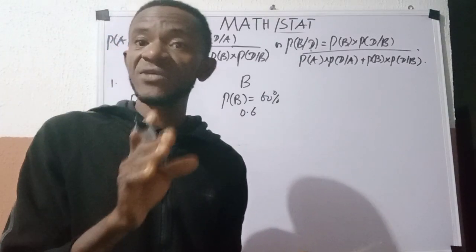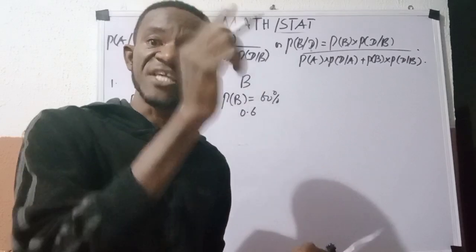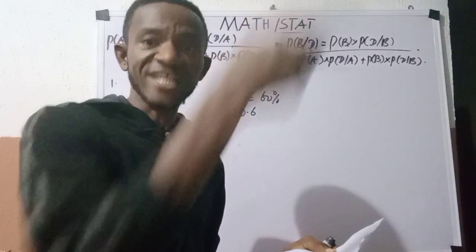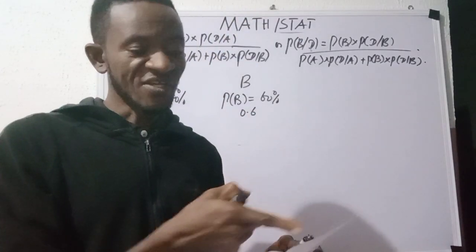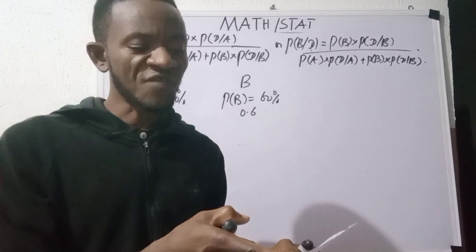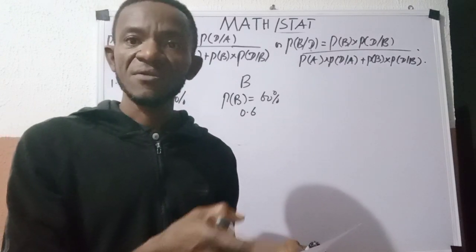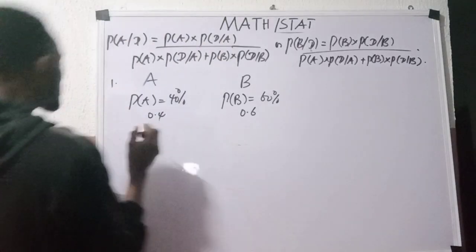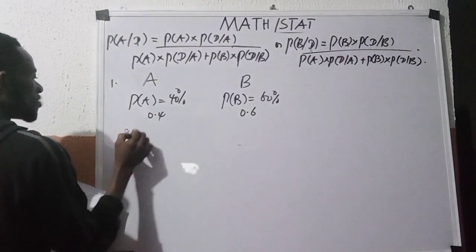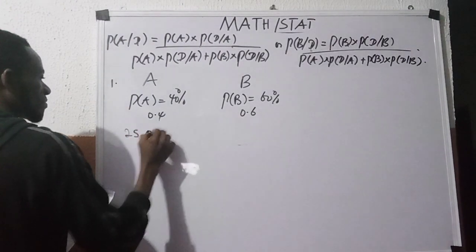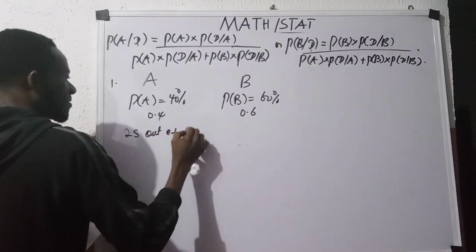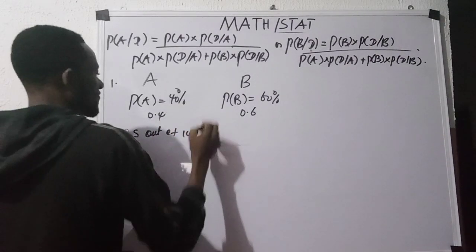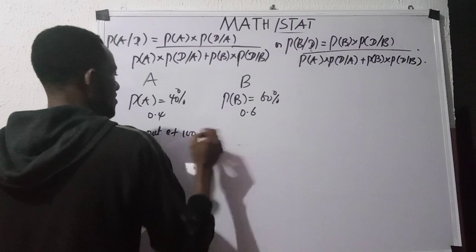So the probability of defective items given factory A, that is how to express this. They say 25 out of 100 products by factory A are defective. Let me write it: 25 out of 100, factory A, defective.